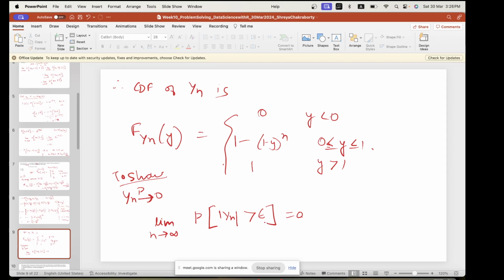We have to show this for all epsilon greater than 0. Since Yn also lies between 0 and 1, this is always a positive quantity. So we have to show the limit as n tends to infinity of the probability Yn greater than epsilon is equal to 0. Alright.